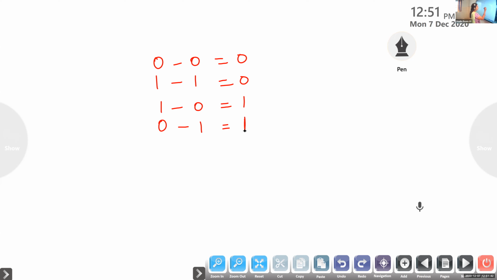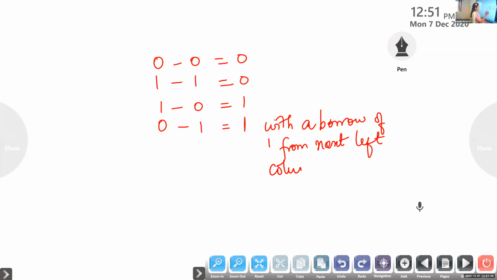It is 1, with, there in addition we said we carry over. Here it is a borrow of 1, with a borrow of 1 from the next left column.